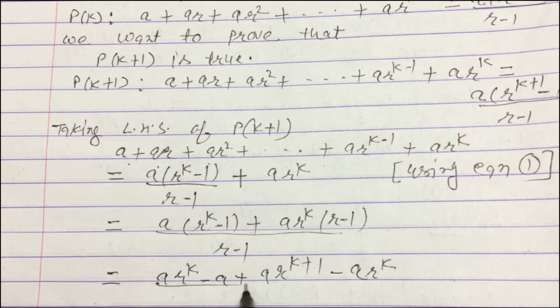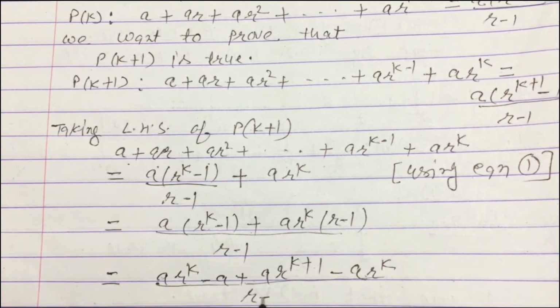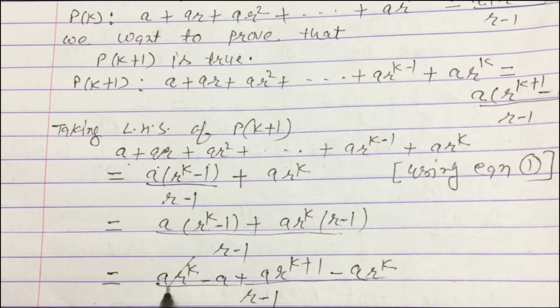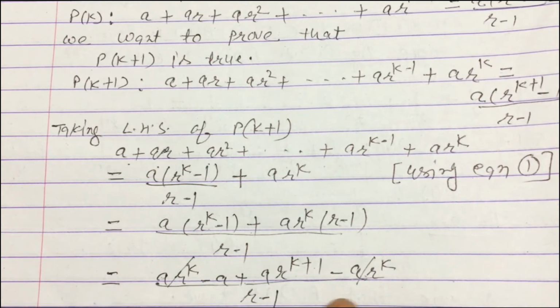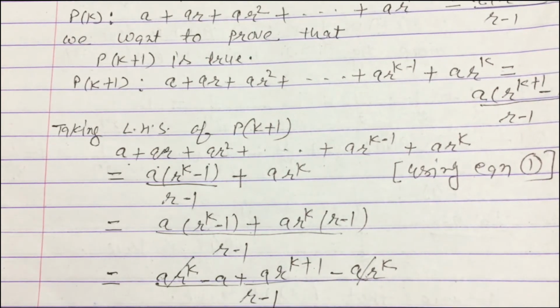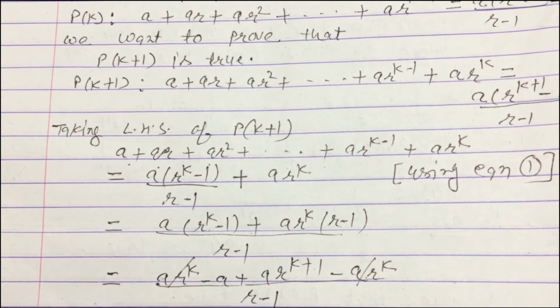Okay, and here it is r minus 1. Now see, from here a r raised k and minus a r raised k will cancel. Okay, and we will get from these two terms a is common. Here it is a into r raised k plus 1 minus 1, and here it is r minus 1.